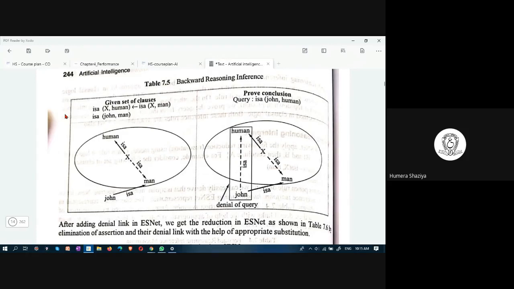What is the conclusion? John is a human. Whether it is right or not, that is proved through this ESNet.